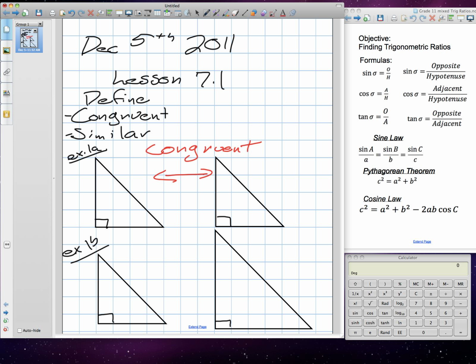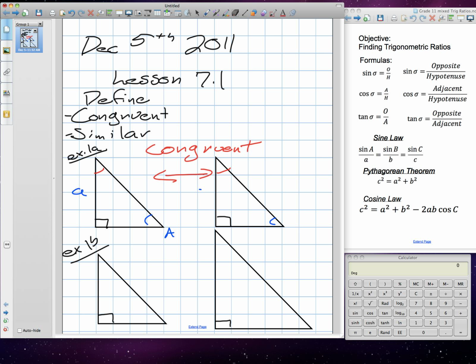That means their angles are the same, and their sides, we'll call this side A. This is angle A. Okay, let's get used to naming our triangles. Angle A. Sorry, they technically should have different letters.